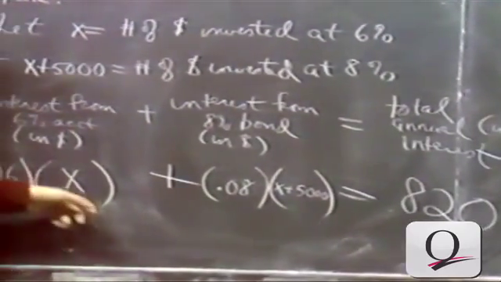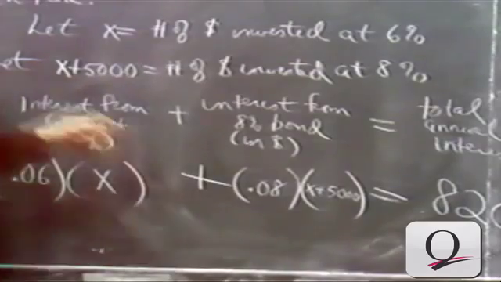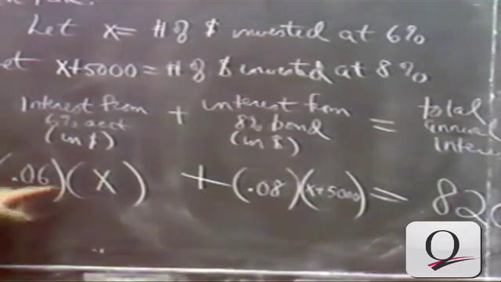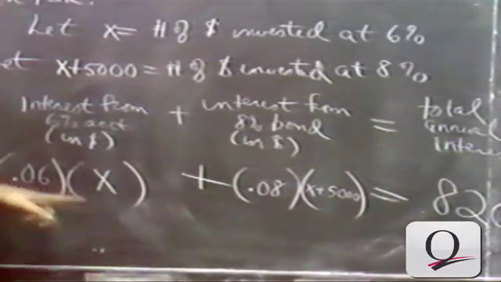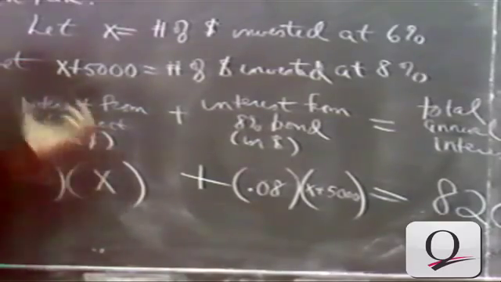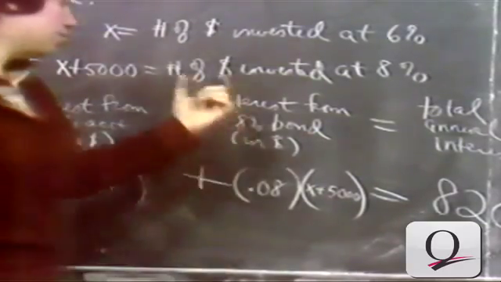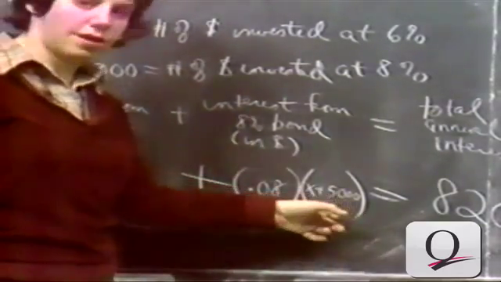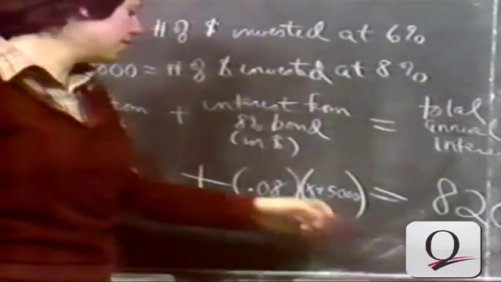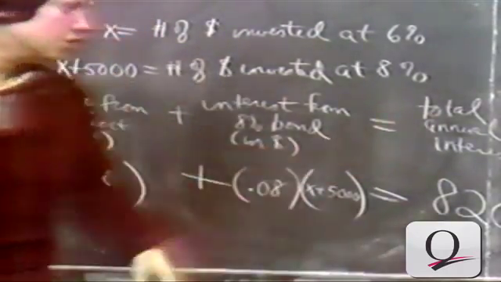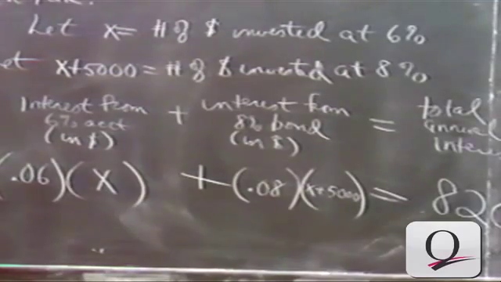X dollars invested at 6% times 0.06. This is 6% written as a decimal. This gives us the interest from the 6% account. The interest from the 8% bond, the amount invested in the bond, which is X plus 5,000, times 0.08, gives you the total annual interest in dollars.